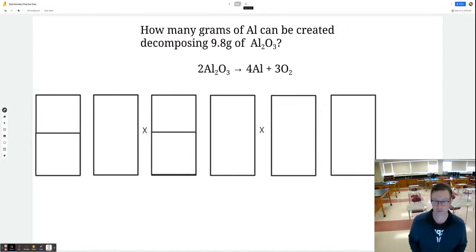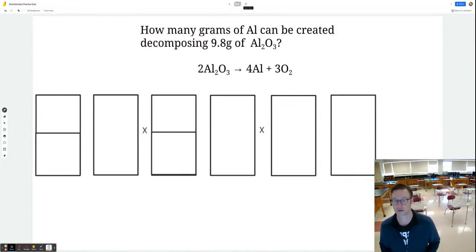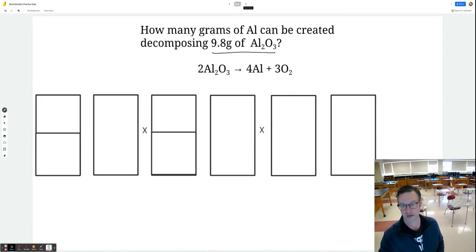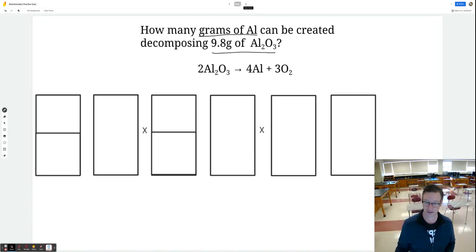Okay, so now we're given 9.8 grams of Al2O3, aluminum oxide. And the question is, how many grams of aluminum can be created? So we're given the reactant in grams, and we're asked to find how much product we can get in grams.